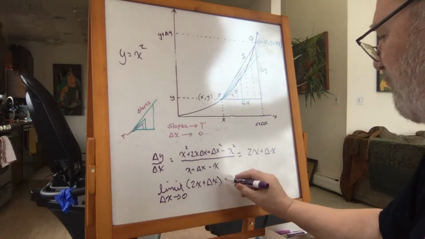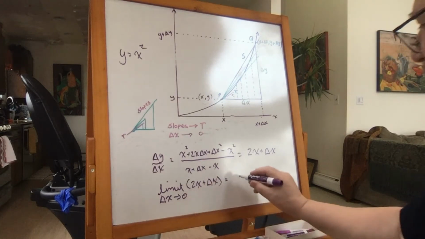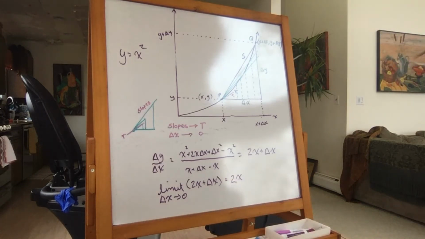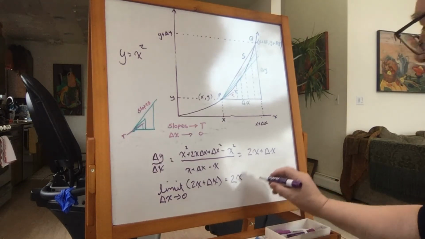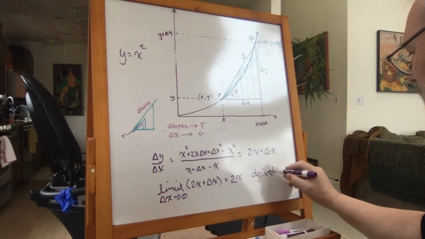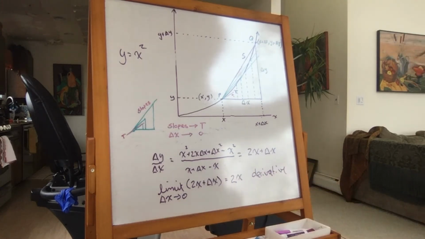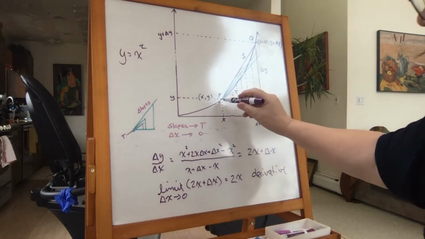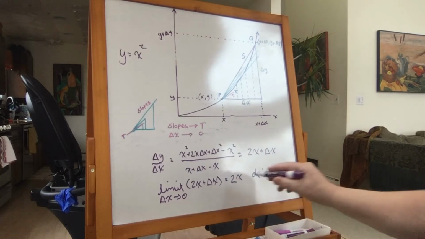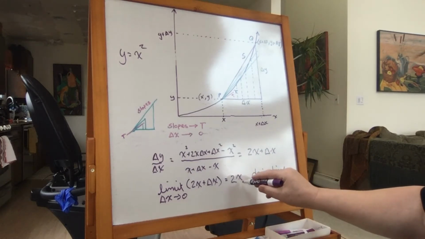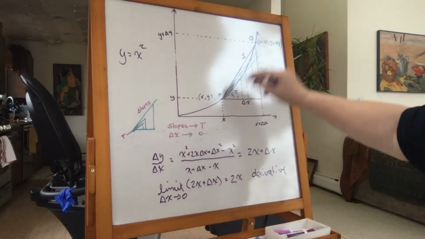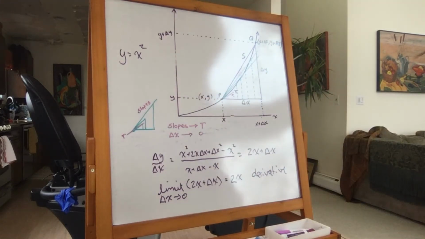And that happens to be, when delta x goes to 0, 2x. And that's our derivative. And because we didn't do it at any specific number or place along the curve, this is a generalization of the tangent for this function at any point along the curve.